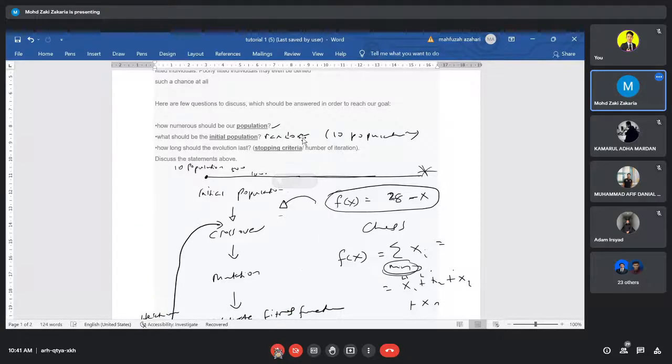Then itulah. Kalau tak ada nak tanya yang dekat dalam slide. Ada?